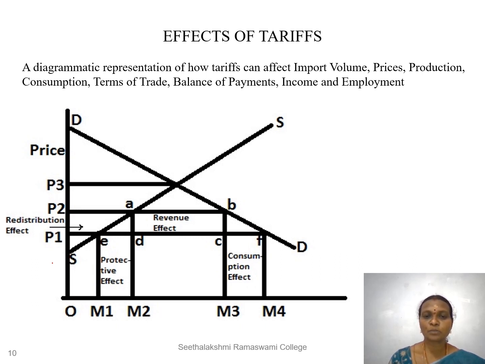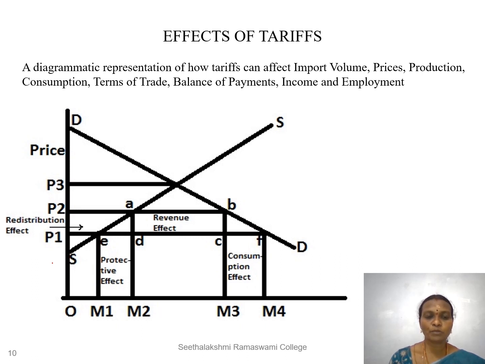The upward sloping curve S is the domestic supply curve, and the downward sloping curve D is the domestic demand curve. So initially the price is OP1.